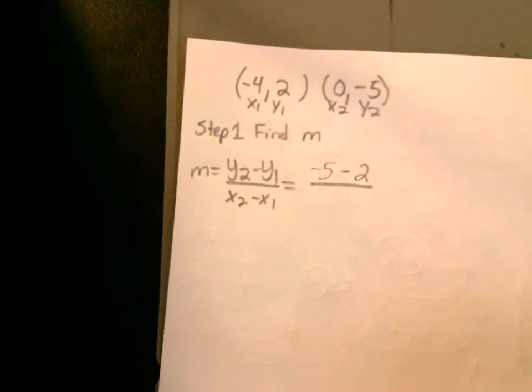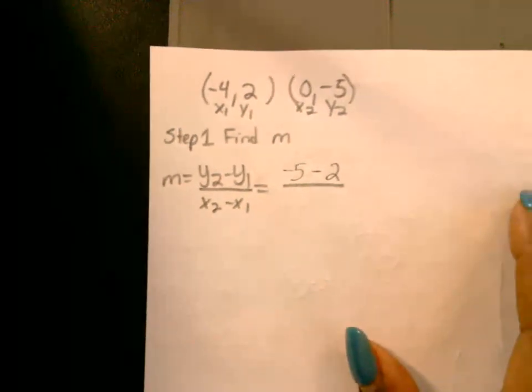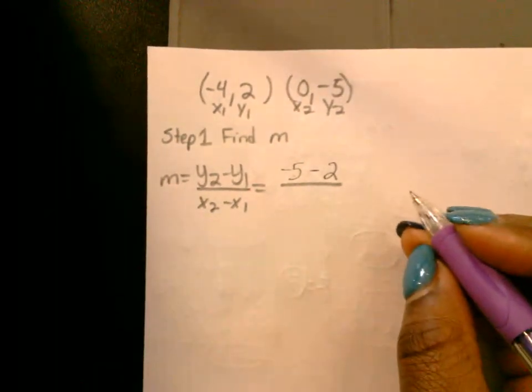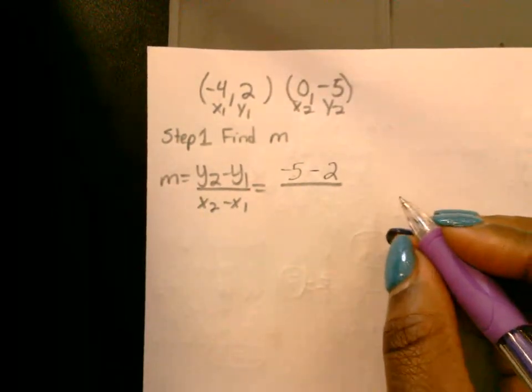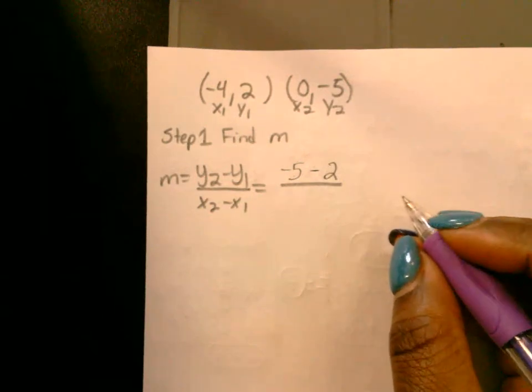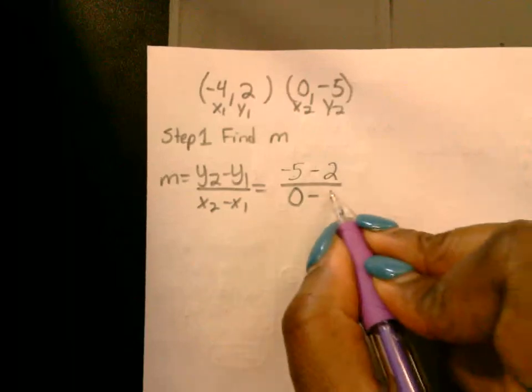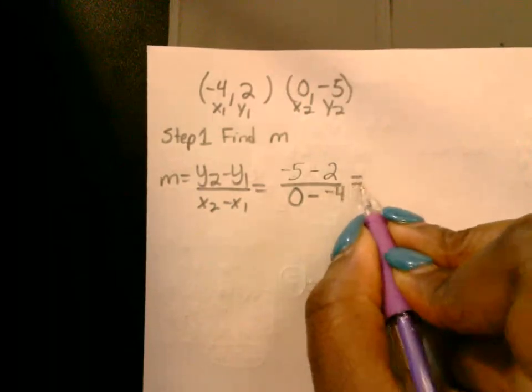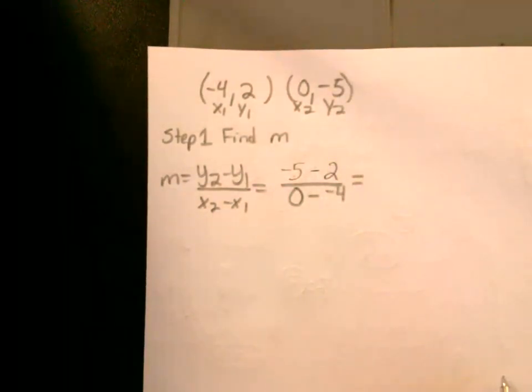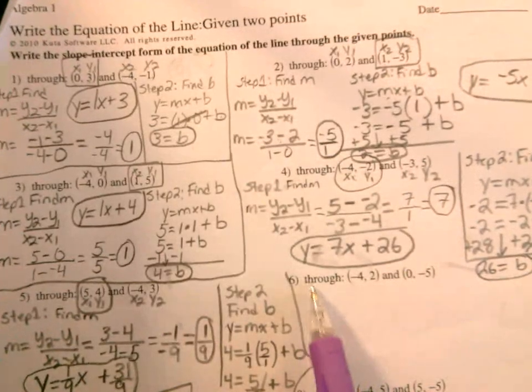What goes on the bottom? Braylon? 0 minus what, babe? Very good. This is the one that we're doing right now.